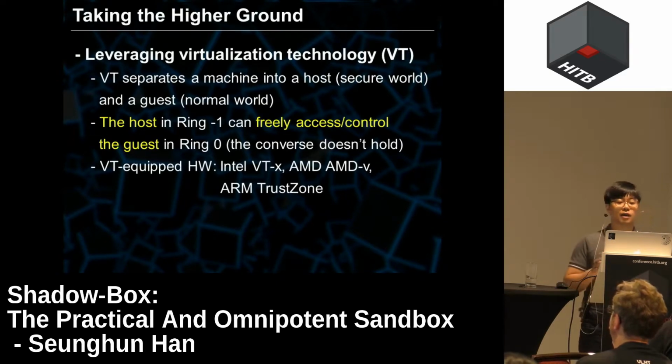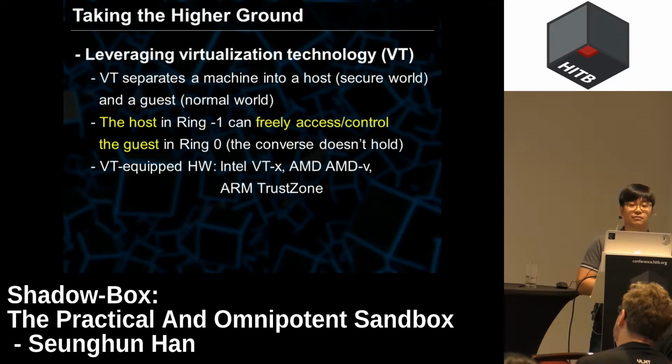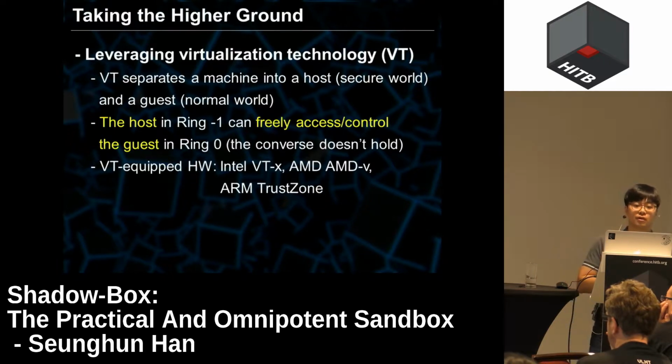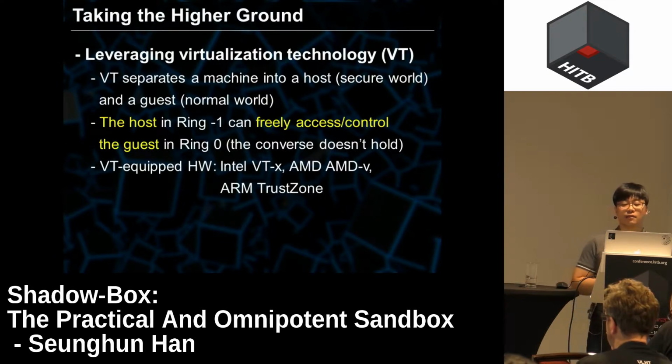To take higher ground than the kernel level, I leverage virtualization technology in the processor. Virtualization technology separates a machine into a host, the secure world, and a guest, the normal world. The host has level -1 privilege and can freely access and control the guest.